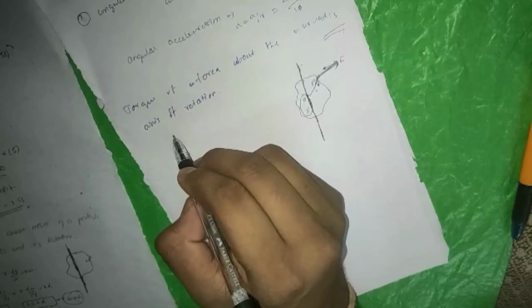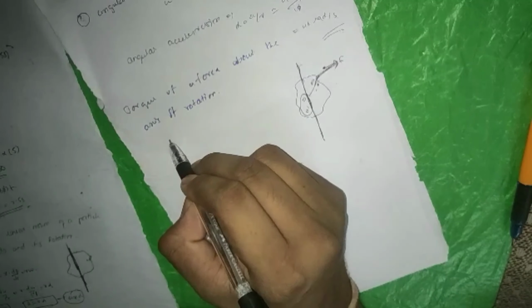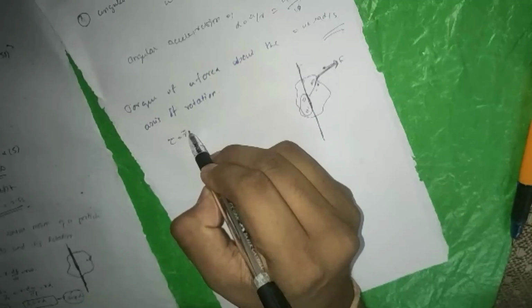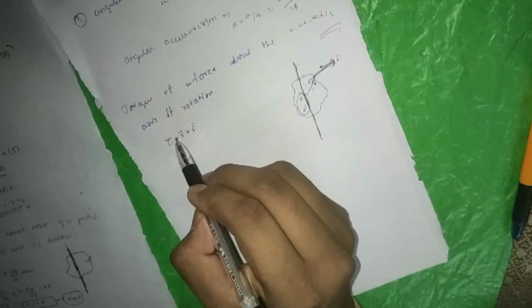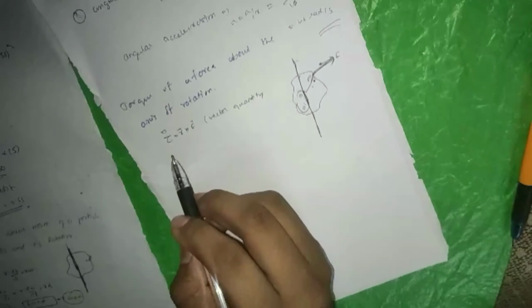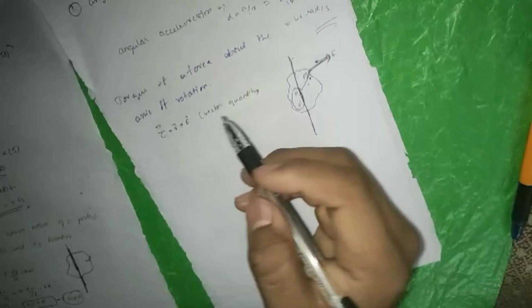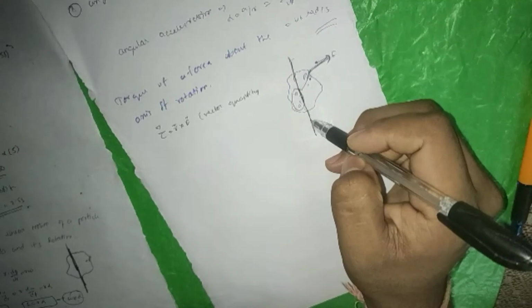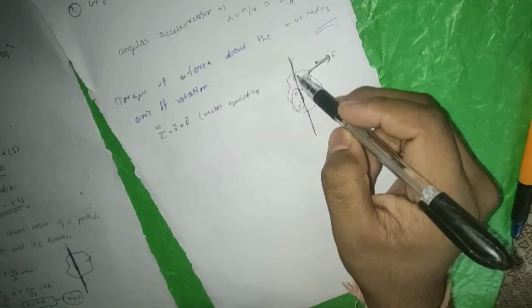Then what we know is that torque is equal to r bar cross F bar. Yes, torque is a vector quantity. Torque is equal to r bar cross F bar. Here, at whichever point you choose, as long as it is on this line, the torque will be the same.